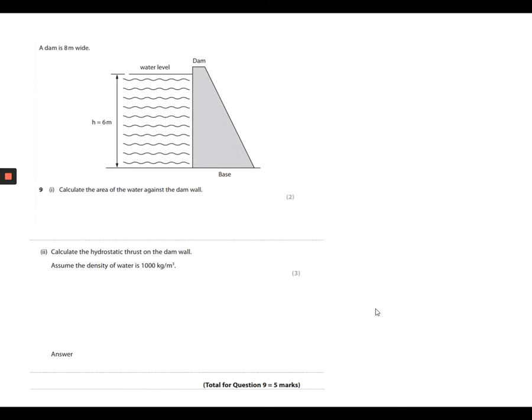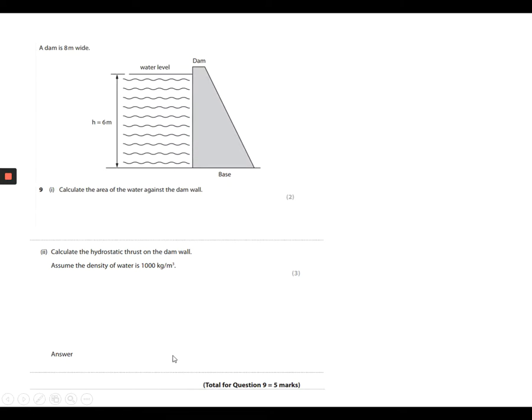But D, distance from the pivot, has to be 2/3 of the way down. So the distance from the pivot, we're looking at 2/3 of the way down, would be 4 meters down. But from the pivot, which is at the bottom, it's actually 2 meters up.